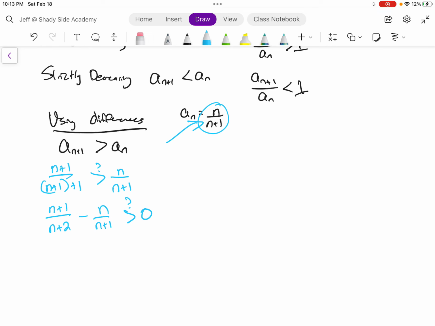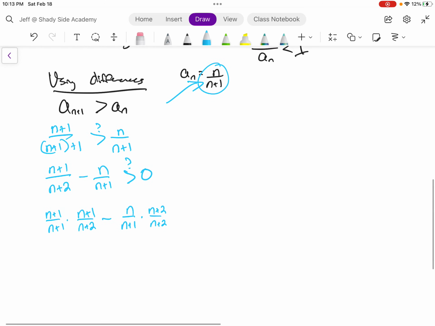And so how would I do this? Let's put it over a common denominator. So we multiply this fraction by n plus 1 over n plus 1. And I'd multiply this fraction times n plus 2 over n plus 2. And what is that? That means this thing is going to be n squared plus 2n plus 1, because I'm foiling this guy really, right?